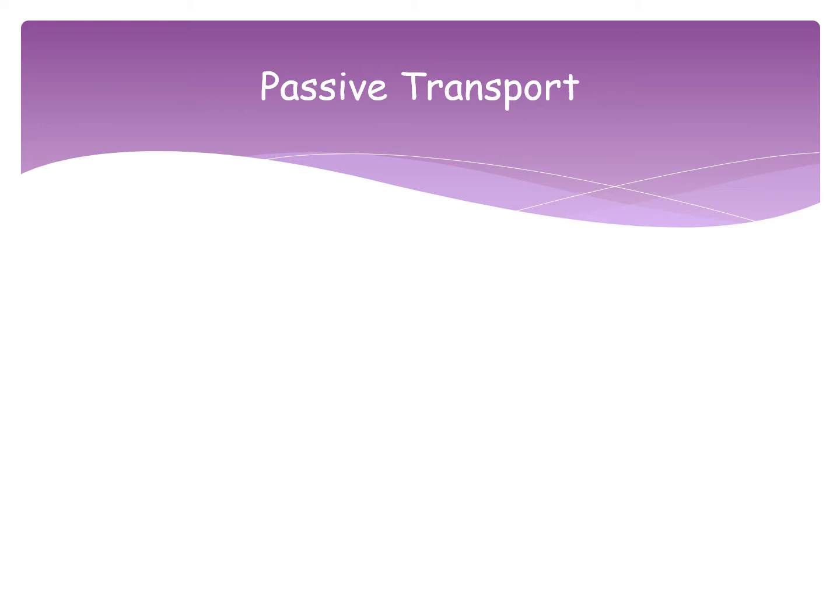So then we would write the title of passive transport, and we're going to go into that in more detail. At the start, we said that there were two transport methods that came under this heading, which were diffusion and osmosis. Passive transport was the one that didn't require energy.